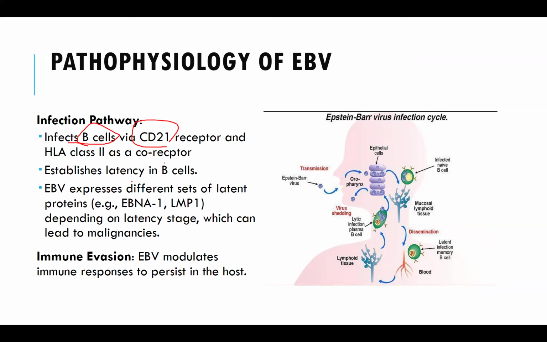Then within the B cells, the virus will be able to multiply and evade the immune system. You know, when an infection attacks an immune cell, it means that there's nothing that can fight it, right? So those are what we call immune protected sites, including the nervous system and the immune cells themselves. That's why HIV and these viruses cannot be cured, because they are in cells that contribute to the immune system.